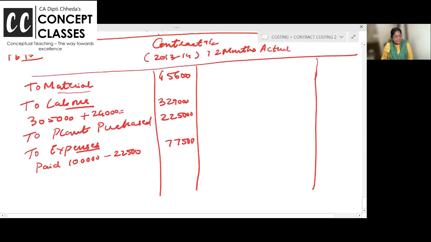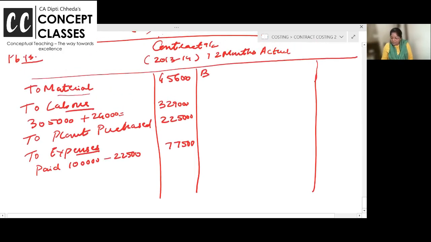Plant returned is given, but we know the first thing we write is work in progress. Work certified, 12,75,000.